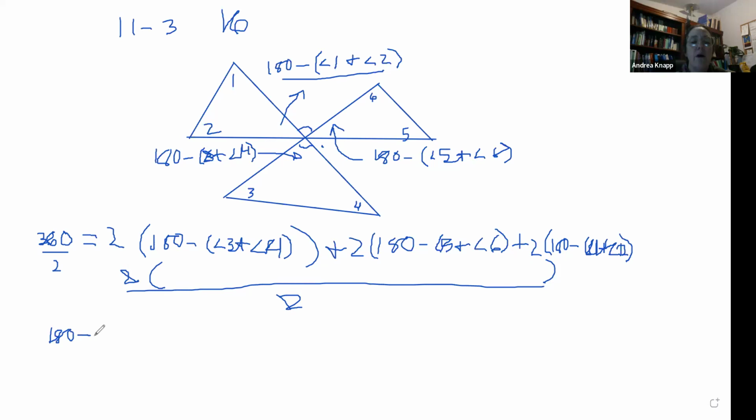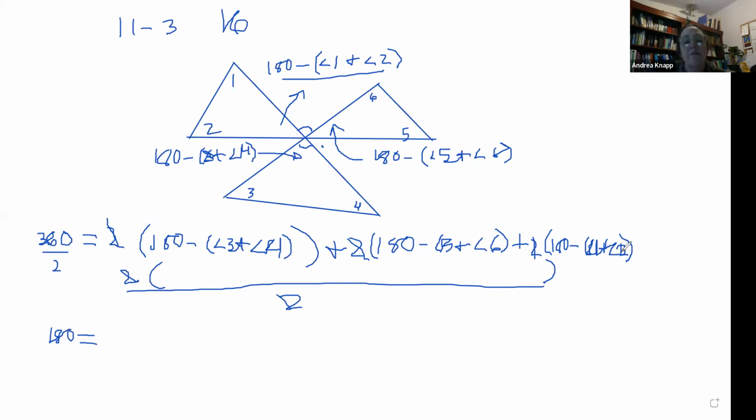So now we've got 180 equals, I'm just going to cancel the 2's out here. So 180 on the left equals 180 minus angle 3 plus angle 4, plus 180 minus angle 5 plus angle 6, plus 180 minus angle 1 plus angle 2.